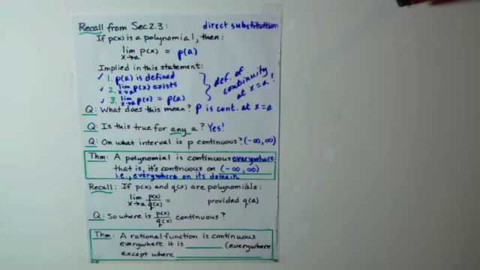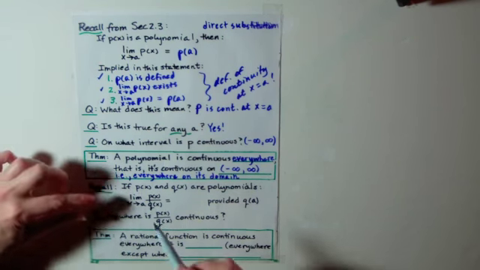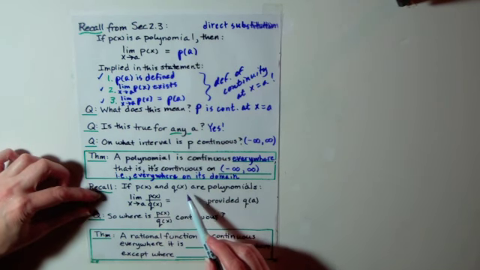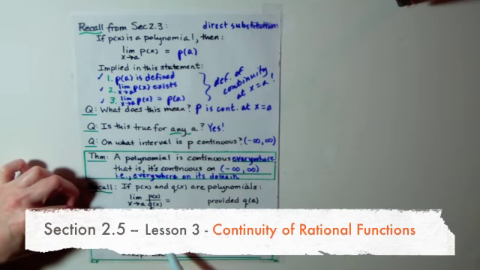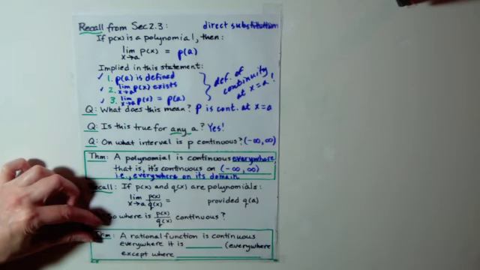Okay, the next thing I want us to look at is another class of functions. Remember that if p of x and q of x are polynomials, then p of x over q of x is a rational function. So that's the next type of function for which we're going to discuss the continuity.